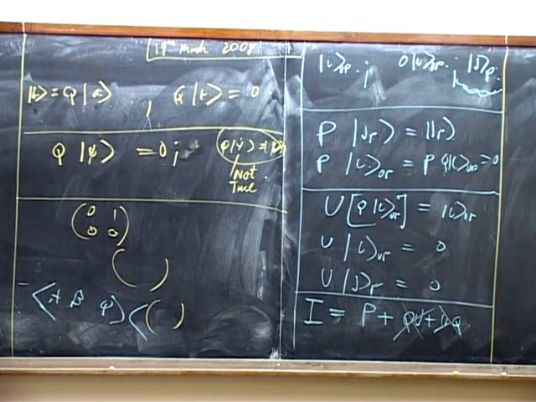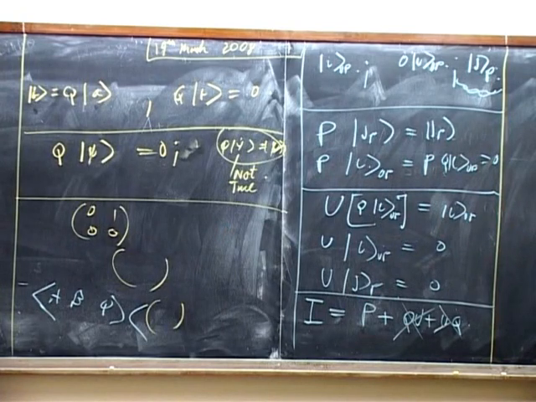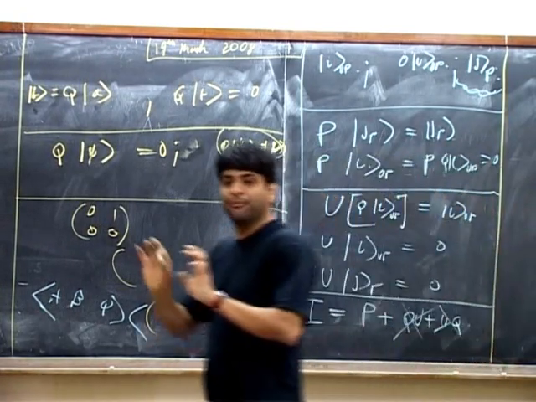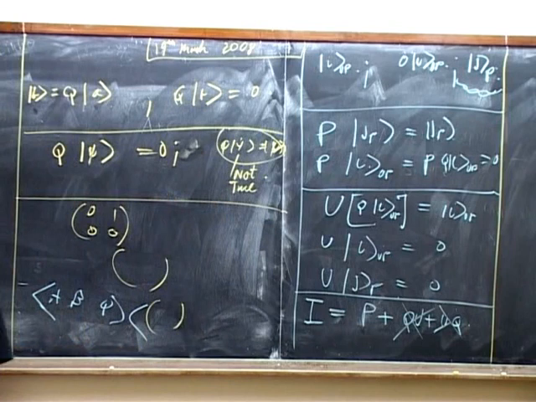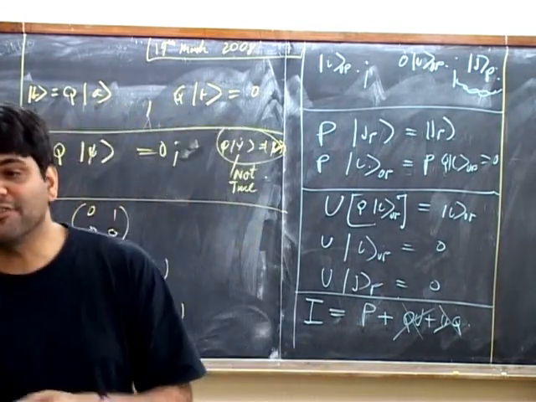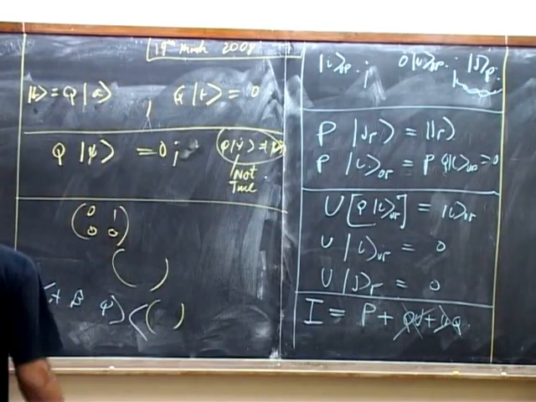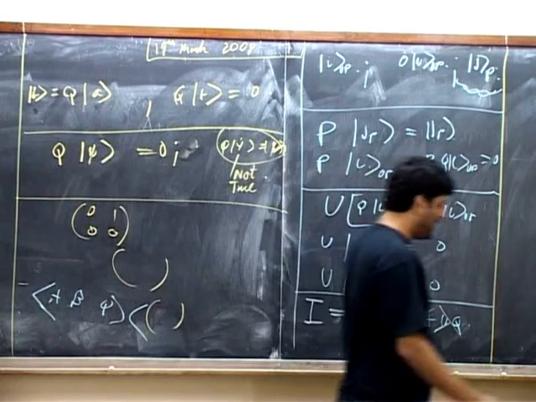Okay? So although in our formal arguments we did a complete sum, we resolved identity into all states, the contribution from unphysical and Q-exact states vanishes. Okay? So that's the key point.